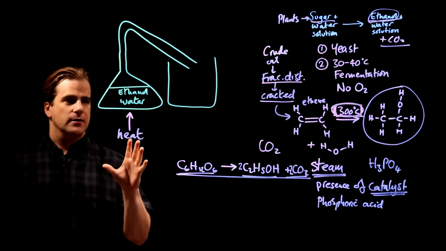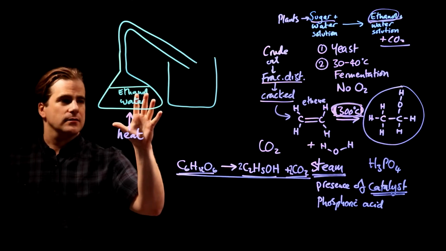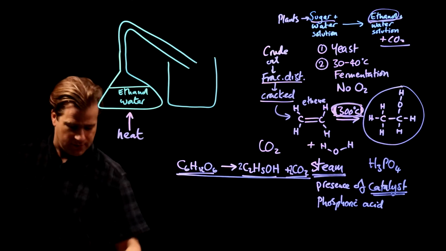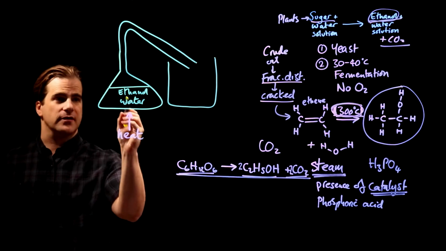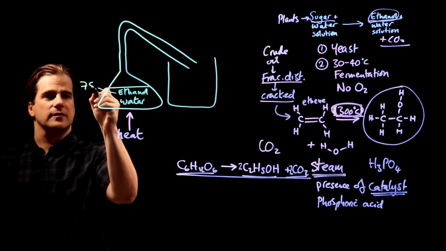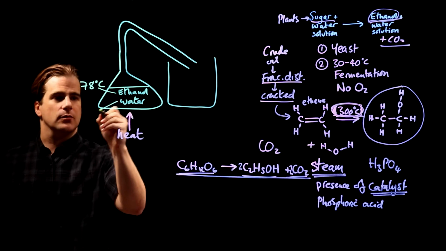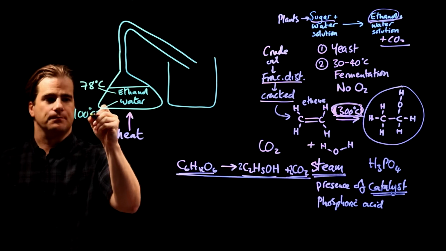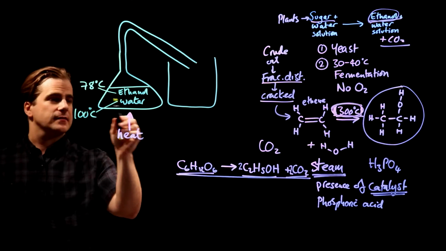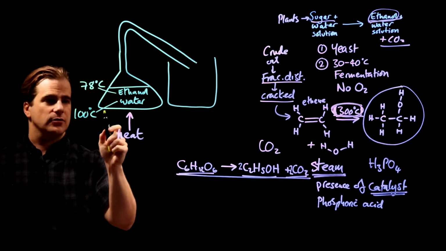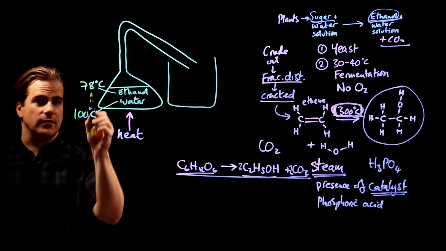The way distillation works is it takes advantage of the difference in boiling point of ethanol and water. Ethanol boils at 78 degrees C and water at 100 degrees C. So you heat this solution to a temperature that's in between these two.